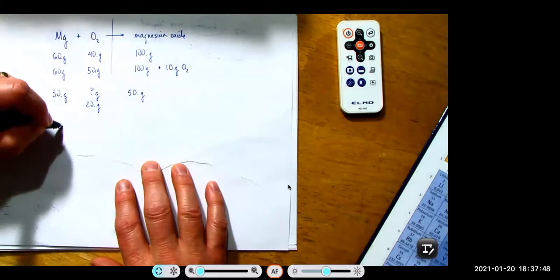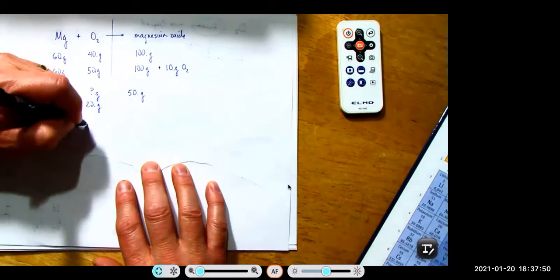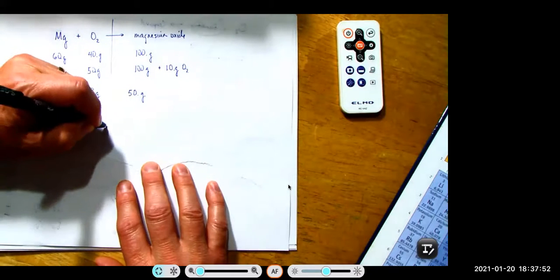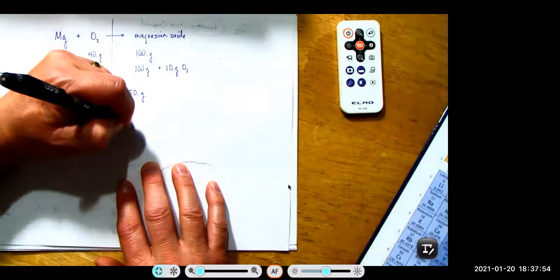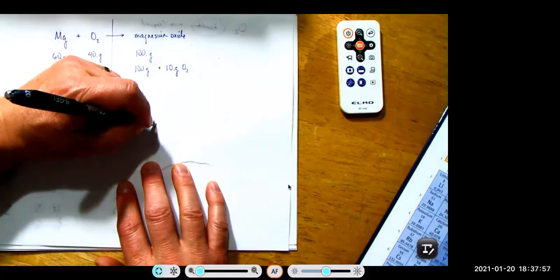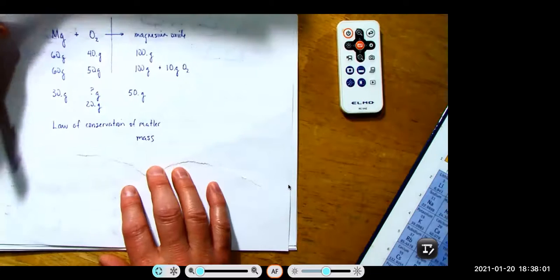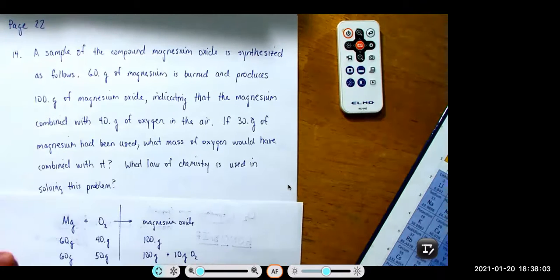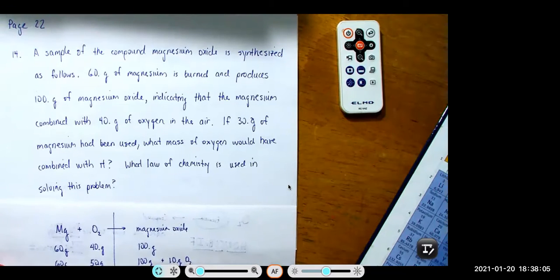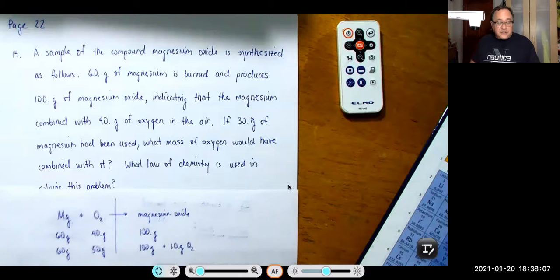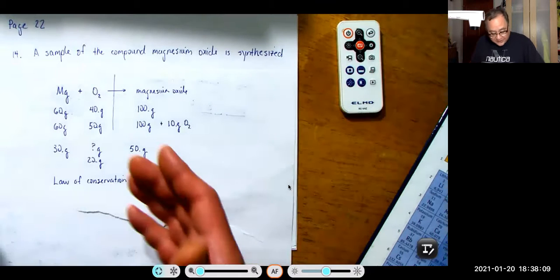I have one question. Sure, go ahead. So in this, magnesium takes half as much oxygen. Where do we look to find the conversion? You don't need the conversion. You can actually just think it through.